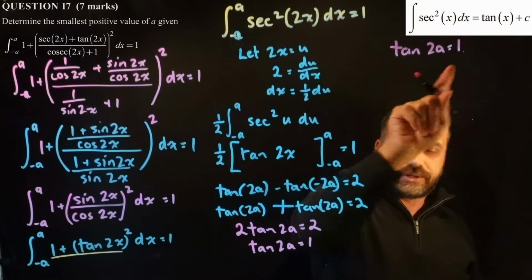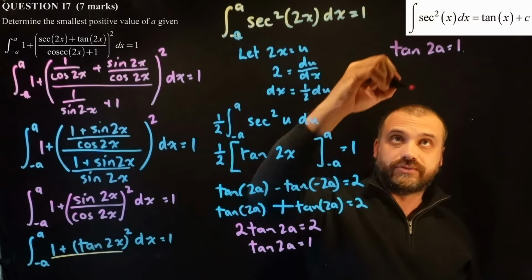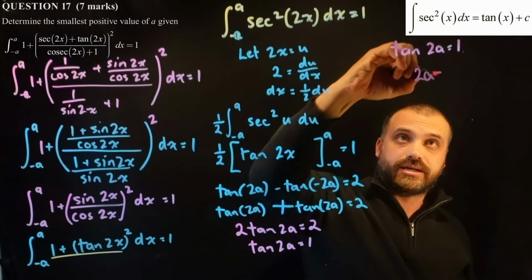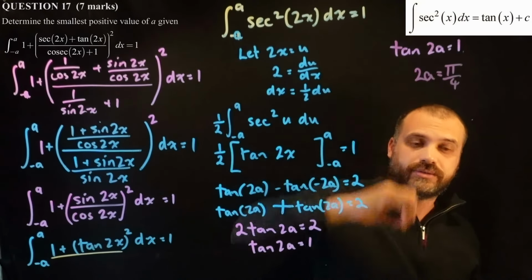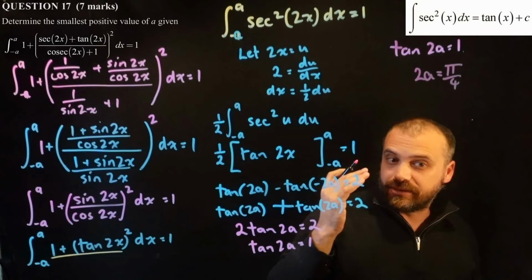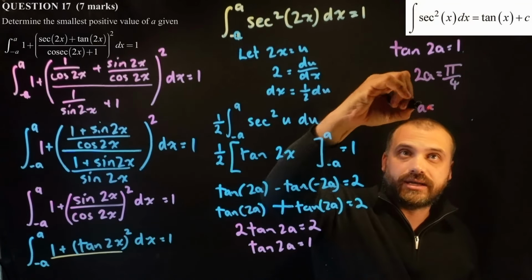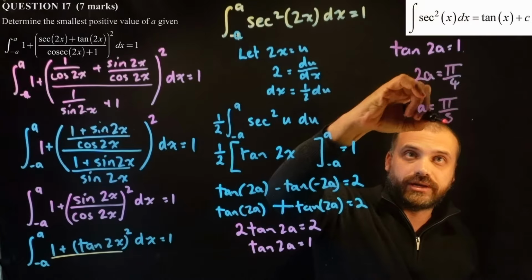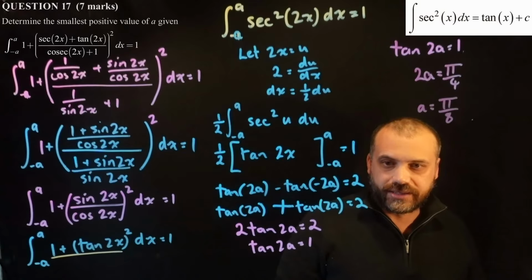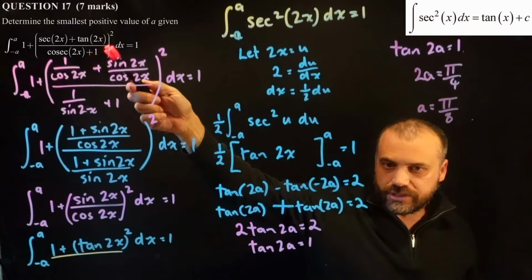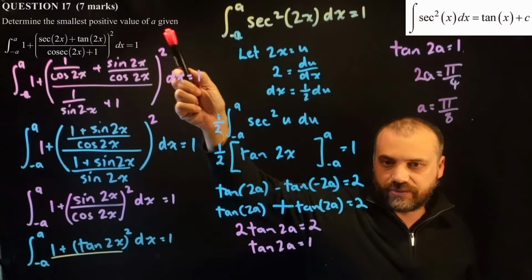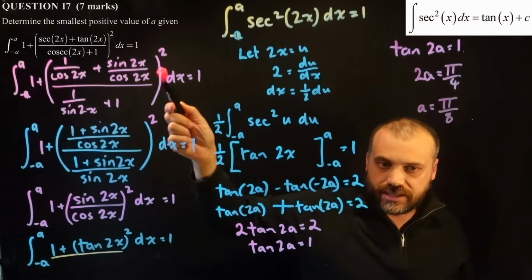Now this is a trigonometric equation you should easily be able to solve. You should be able to say that 2a is equal to pi on 4. And then finally, if 2a is equal to pi on 4, then a is equal to pi on 8. Determine the smallest positive value of a given this is equal to 1.